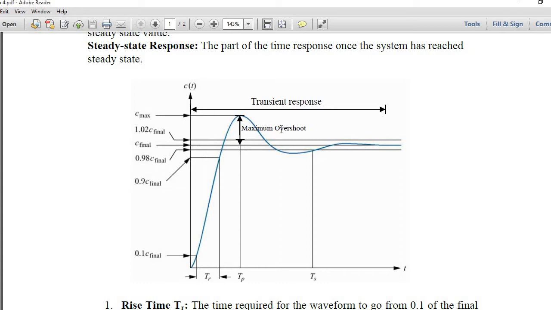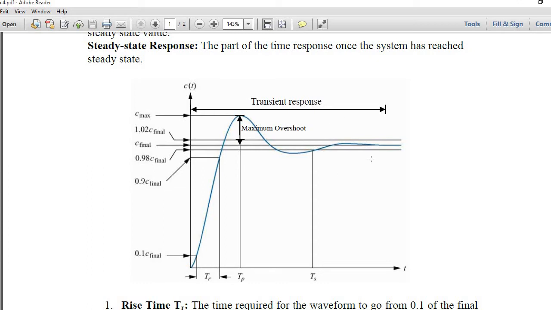Okay, now how do we define that we have reached the steady state? We have to define some limits. For example, if this is the final value, if we are within 2% above or 2% below the final value, then we can say that we have reached the steady state. So look here, this is the point. We draw these lines, and these lines show when we enter the steady state.